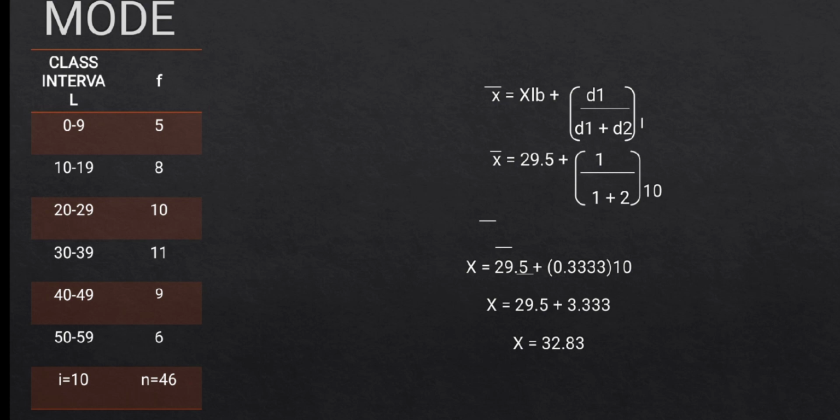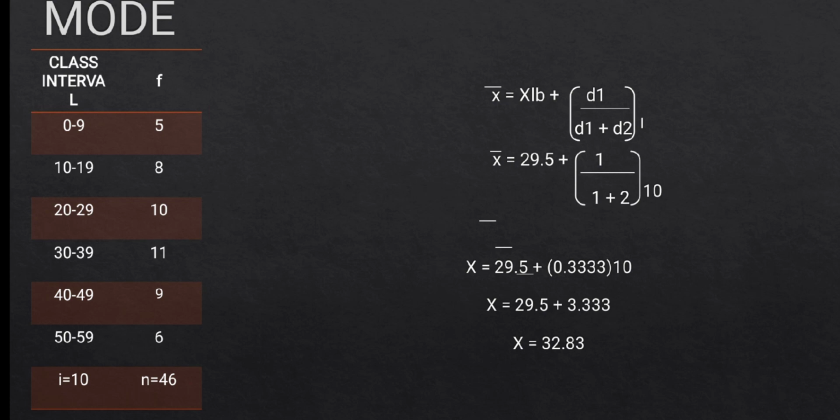For d sub 1, get the difference of the frequency of the modal class and the frequency before it. So we have 11 minus 10, that will give us 1. For d sub 2, get the difference of the frequency of the modal class and the frequency after it. So we have 11 minus 9.